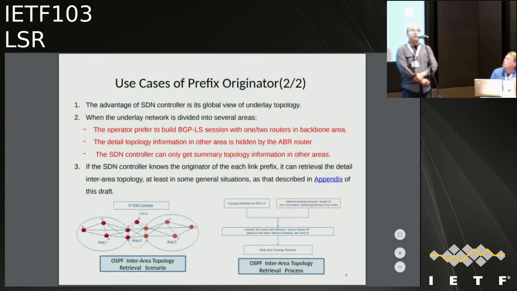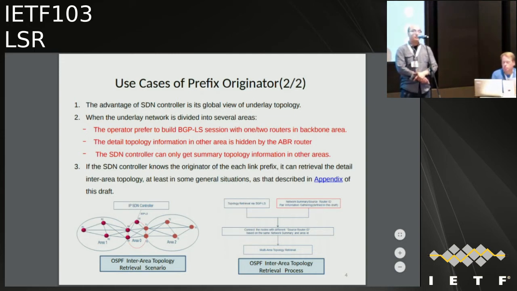Okay, there are also other possible use cases, which is we can also consider using this mechanism to collect the inter-area topology from the SDN controller. This is because in some situations, the controller may only have the BGP-LS sessions with only one or two routers in the backbone area.